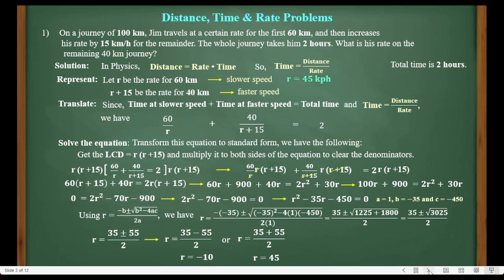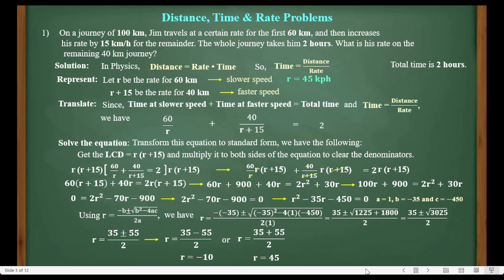Now, since we are looking for the speed, which is always positive, it means the only value of r that is acceptable here is r equal to 45, and we cannot consider the negative answer, which is negative 10.